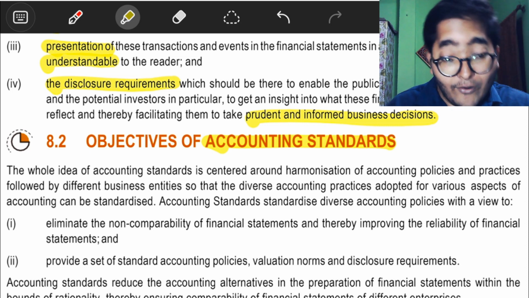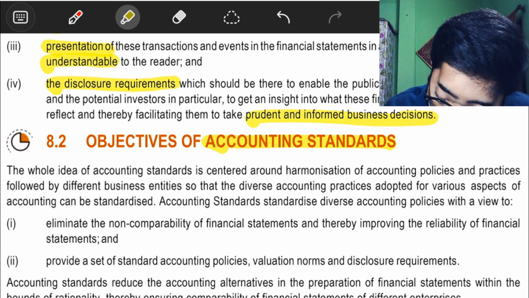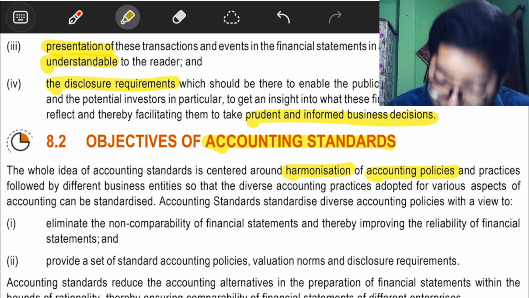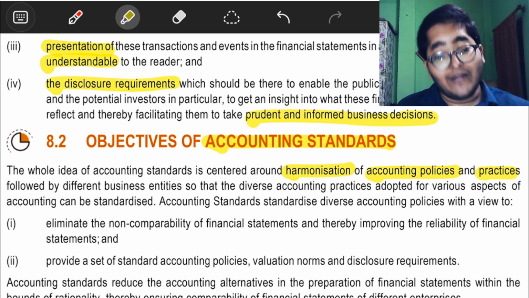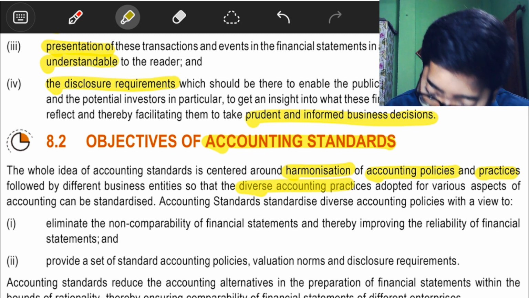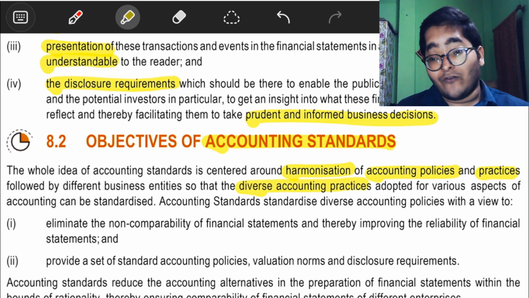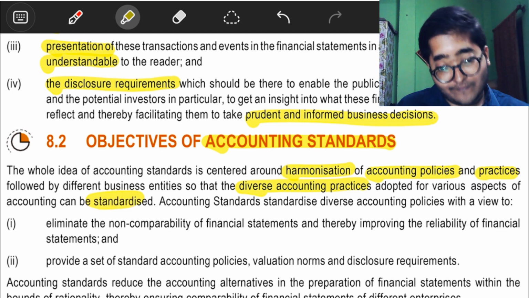So, the whole objective of accounting standards is centered around harmonization of accounting policies and practices followed by different business entities so that the diverse accounting practices adopted for various aspects of accounting can be standardized.